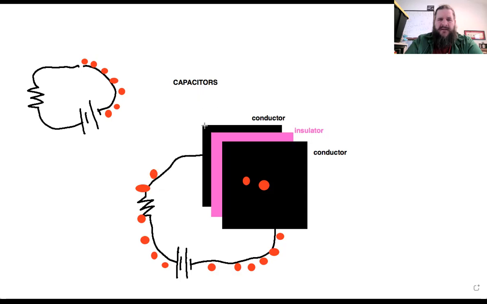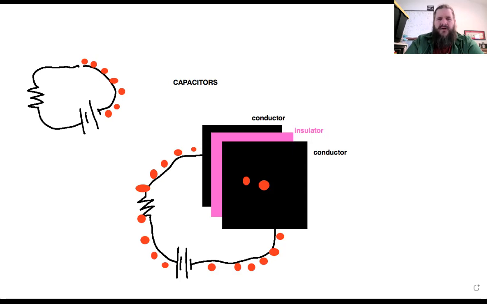So this plate, the back plate here, gets electrons pulled out of it. And if electrons are pulled out, what's left behind? What do we now have extras of if we've removed some electrons? Yeah, the protons are still there.